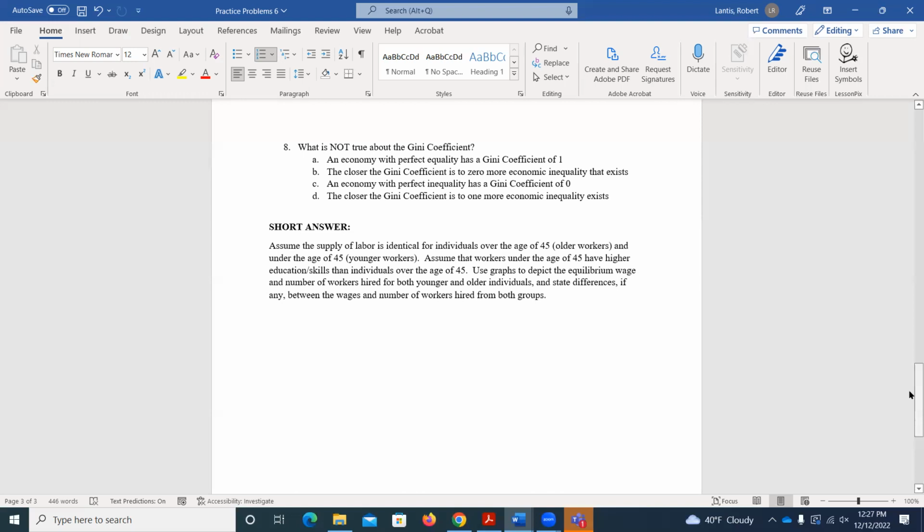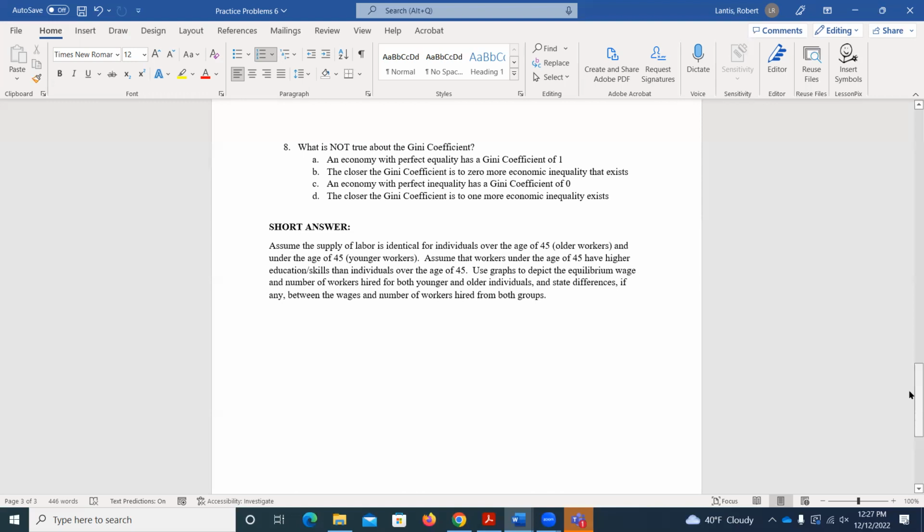So let's assume that's the only difference we have: if younger and older individuals have the same skill level, the supply of older workers is much greater than the supply of younger workers. If that's the case, what's true about the supply curve for younger workers? It's lower, there's fewer of them.